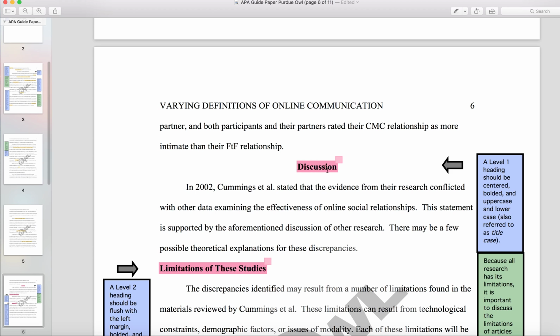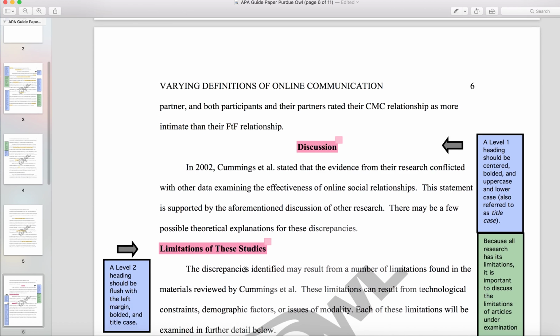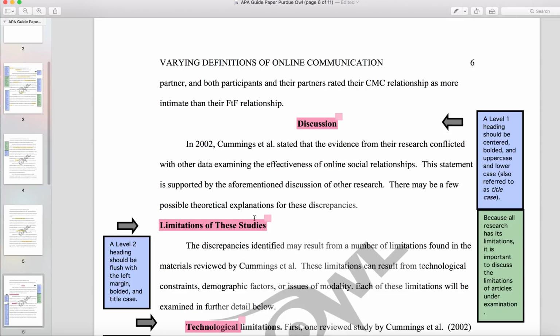Now here's something to be careful about. Notice where this is located, okay? And they're both bolded. Now again, references, where it says references, that's not going to be in bold.